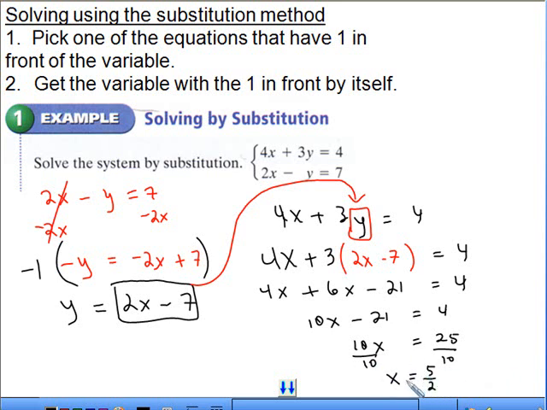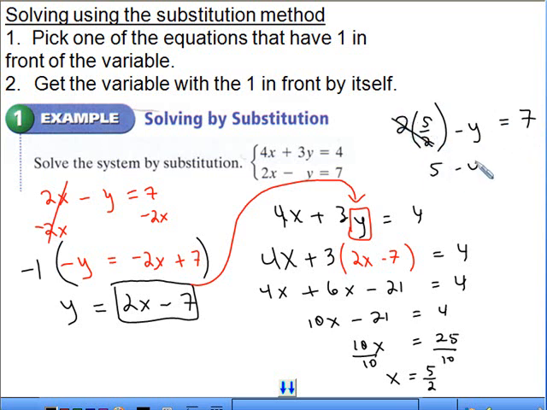Now that we know x, we still need to figure out y. Don't forget to figure out the other letter. So all you have to do is take x now, plug it in either here or here, and then get y by itself. So let's say I plugged into the bottom. We have 2 times 5 over 2 minus y is equal to 7. This is nice because the 2's cancel.